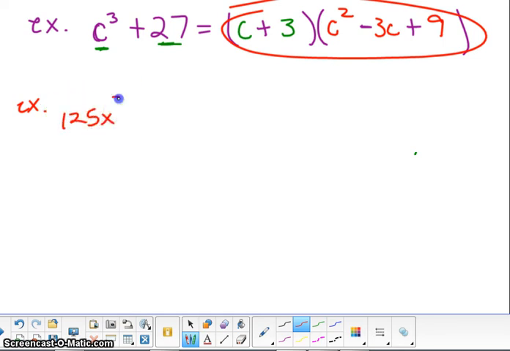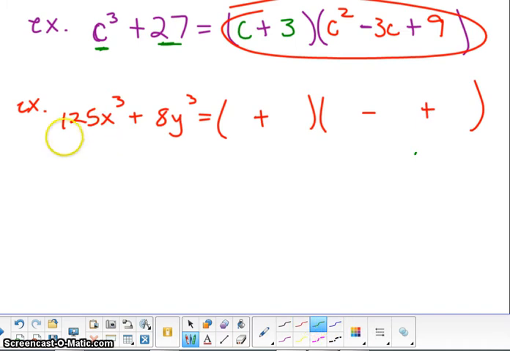125x cubed plus 8y cubed. Okay, now it's a sum of cubes again. So let's get our signs ready to go. It's a plus sign, so it's going to be the same as the original, opposite of the original, and always positive.